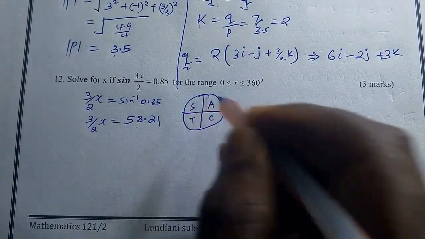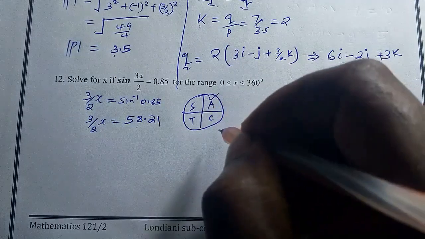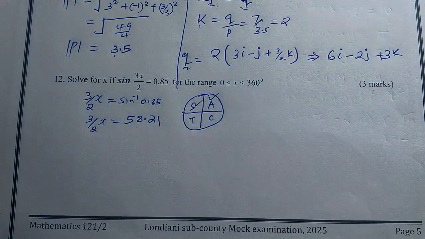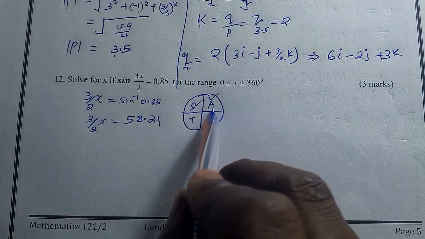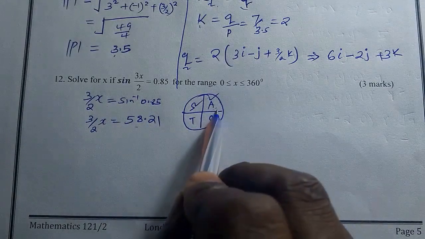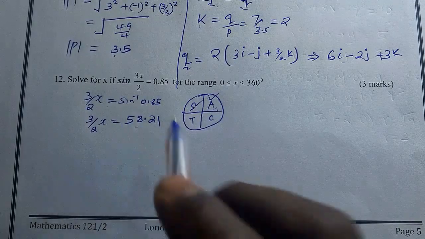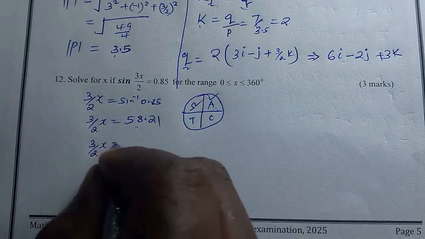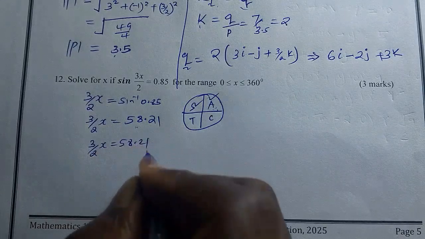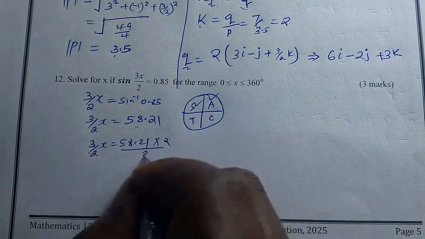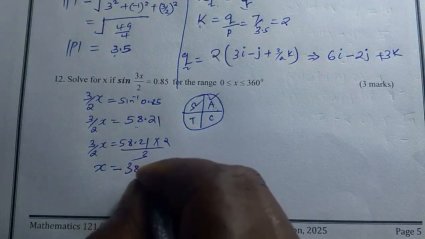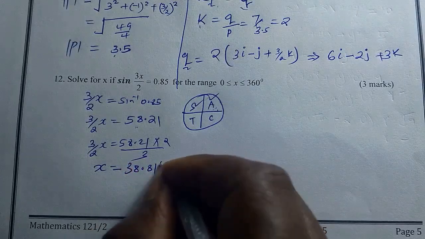So our angles are found in the first quadrant and the second quadrant where the sine is positive only. So when 58.21 is found inside here, we can get the value of x. So this is 3 over 2 x, 58.21 times 2 divided by 3. So x will be equal to 38.81. That is our first value of x.